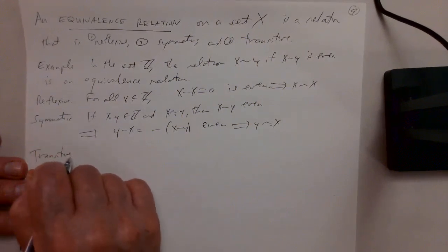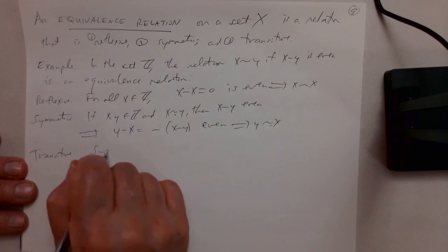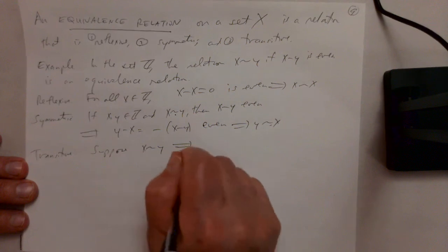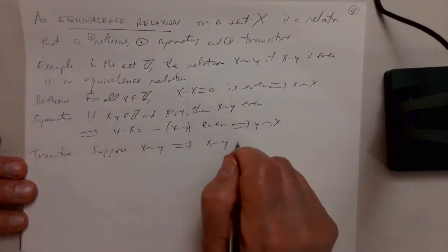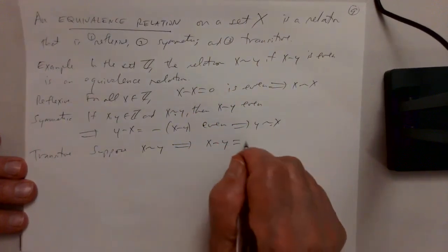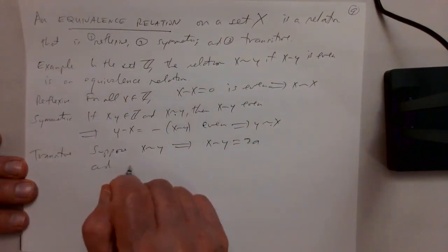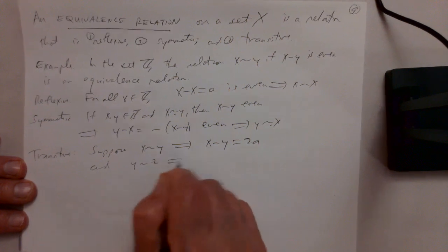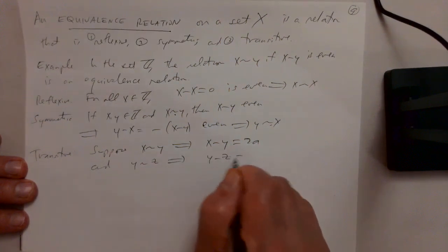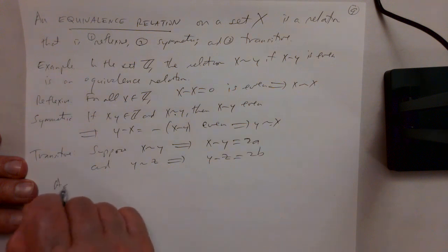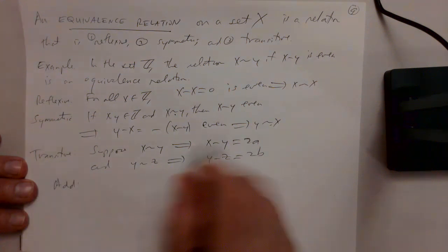And what about transitivity? So suppose x is related to y. That means x minus y is some even integer. I'll write it like 2a. And if y is related to z, then y minus z is an even integer. I can write it as 2b. Add these equations.